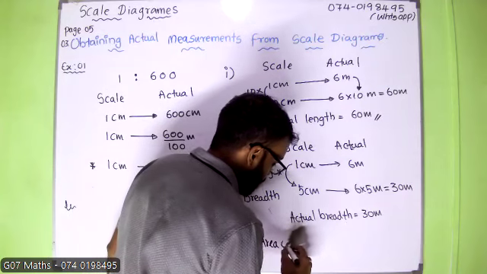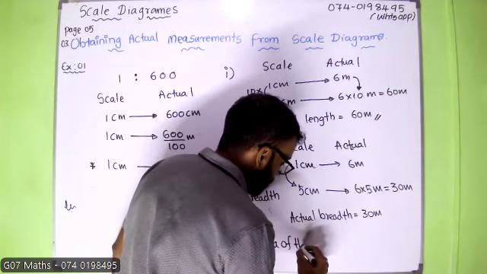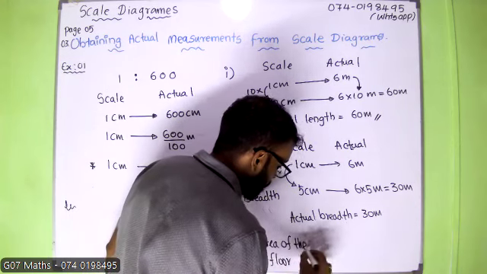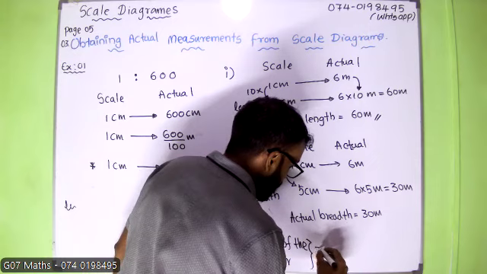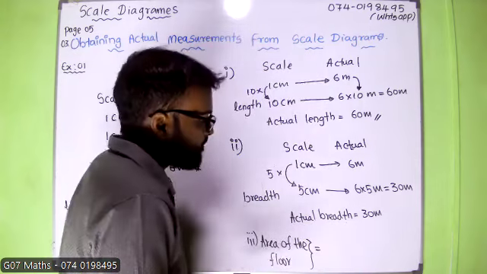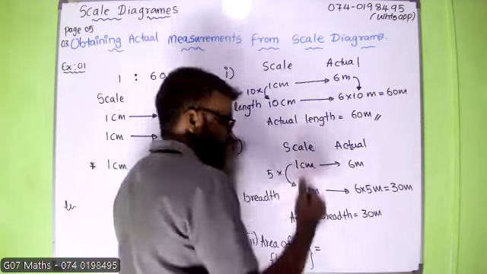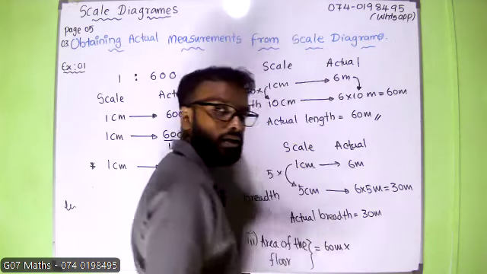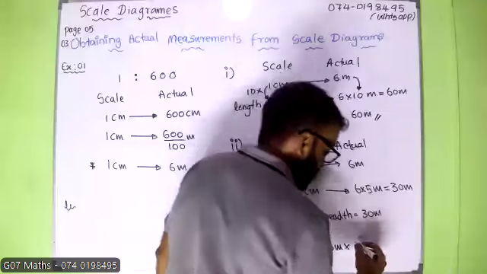Area of the floor equals my actual length, 60 meters, multiplied by actual breadth, 30 meters.